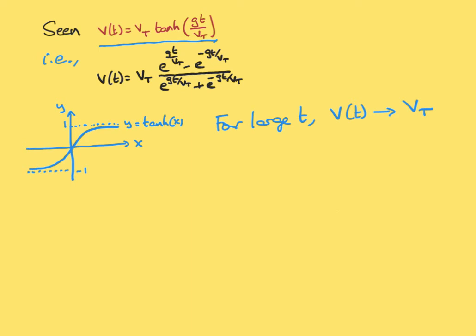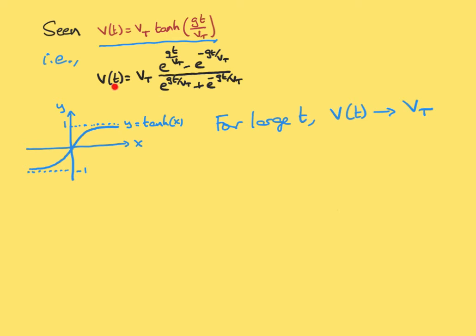And at t is 0, we have v of t, vt, the terminal speed, multiplied by tanh of 0, and when t is 0, we have e to the 0 minus e to the 0, so that vanishes, so it is indeed dropping from rest.